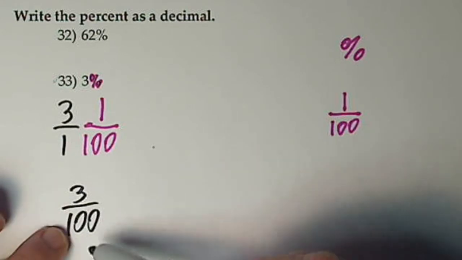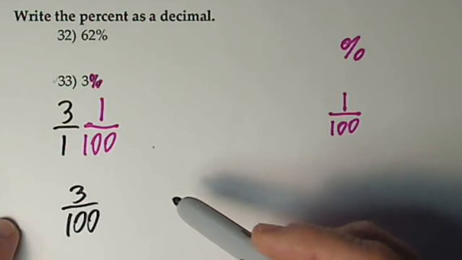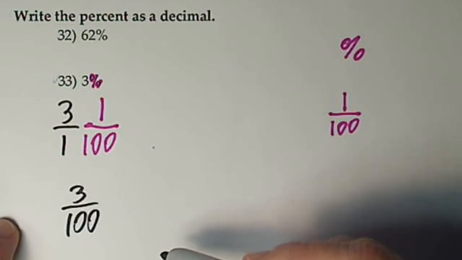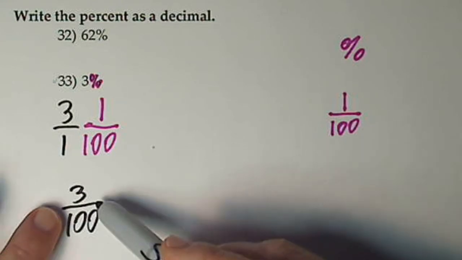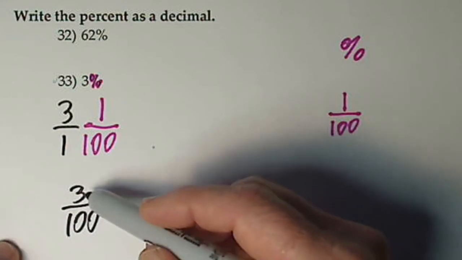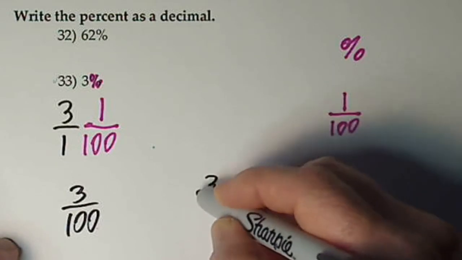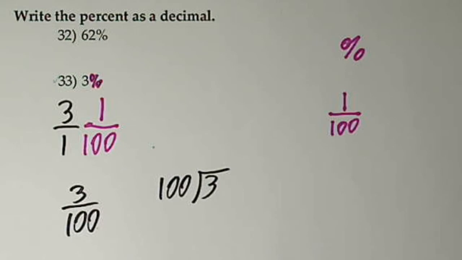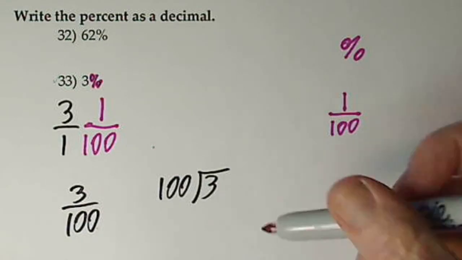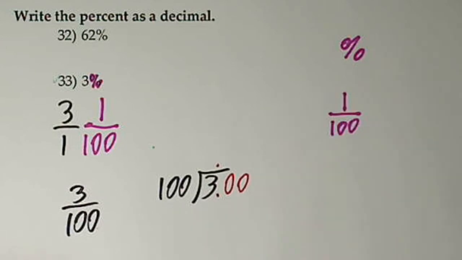Okay? And 3 over 100, they want this written as a decimal. This is 3/100ths. If you know that 3/100ths is written 0.03, you can do that immediately. If you don't know what this is supposed to look like, you do what it says. 3 divided by 100. Here's 3 divided by 100. You notice pretty quickly it doesn't fit. So you put in a decimal point, tell the world, load up on some zeros.